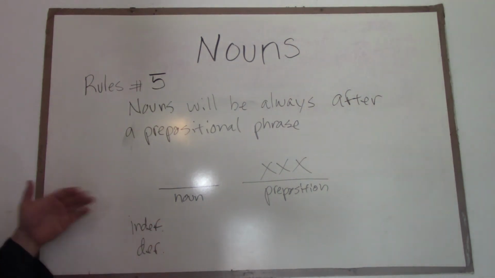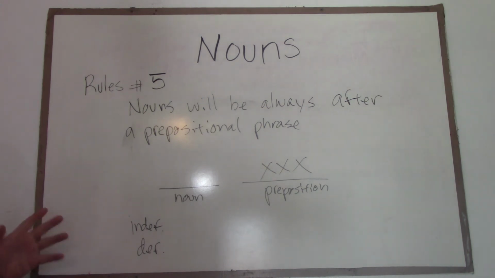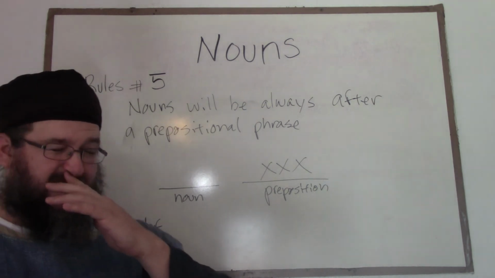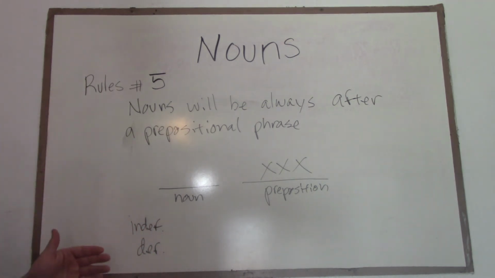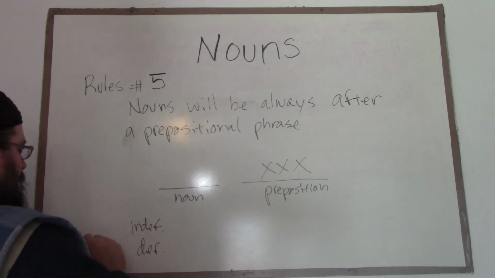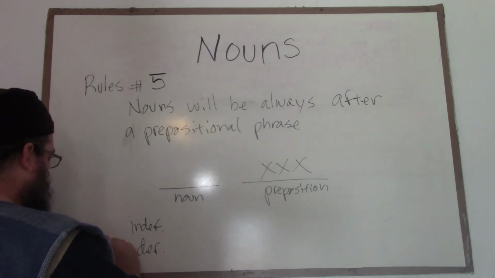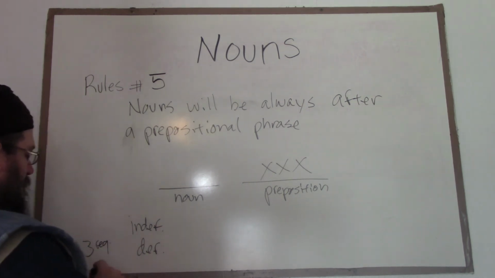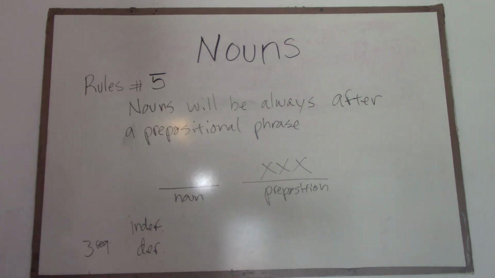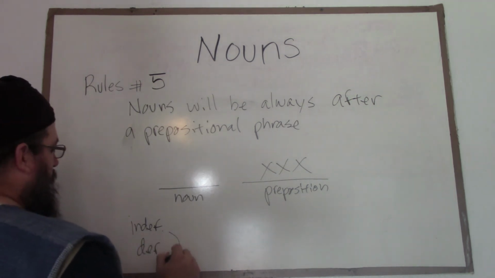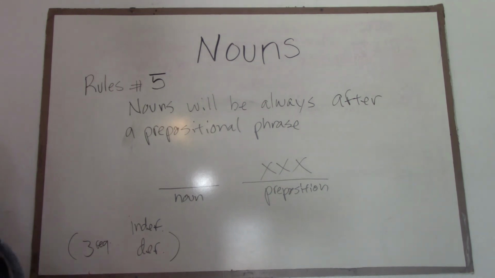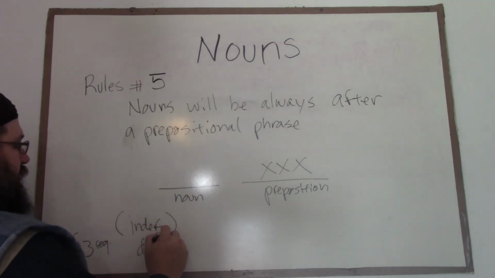That's your preposition. So the question we have to ask is the 3 things, or actually, we're going to say it's the 4 things. The 4 things are going to be, does it follow the 3 requirements for needing a noun that's definite? Or is the noun going to be indefinite?